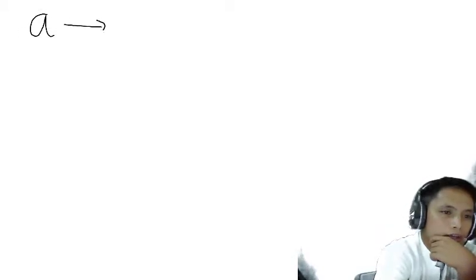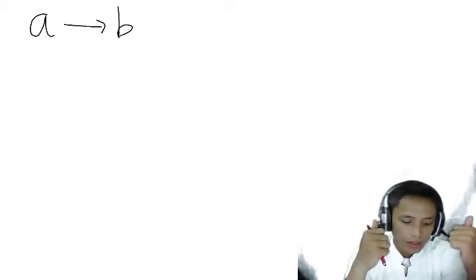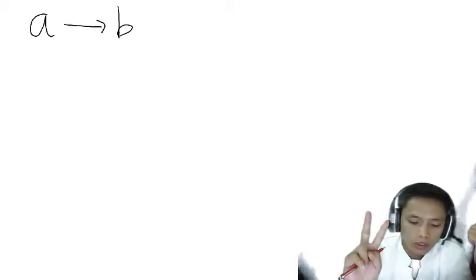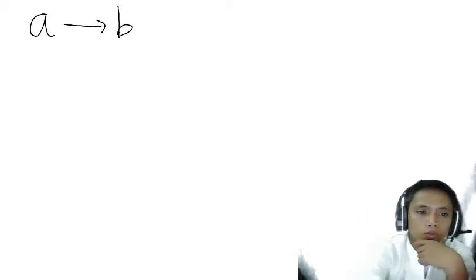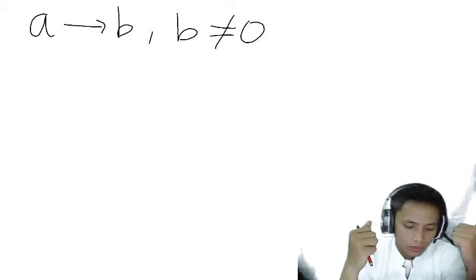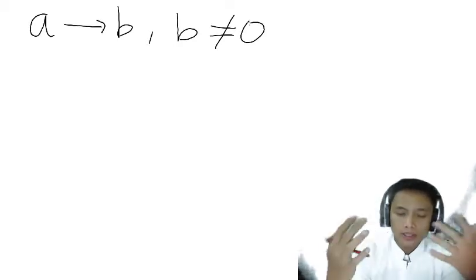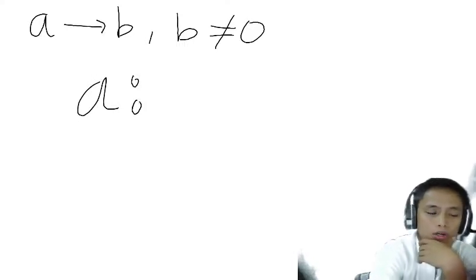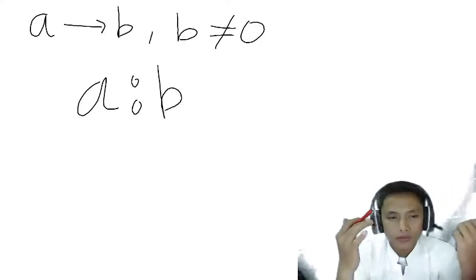For example, the ratio of A to B, where A and B represent two quantities of the same kind, and B is not equal to 0, is written as the ratio of A to B. It's simple, right? So this is it.